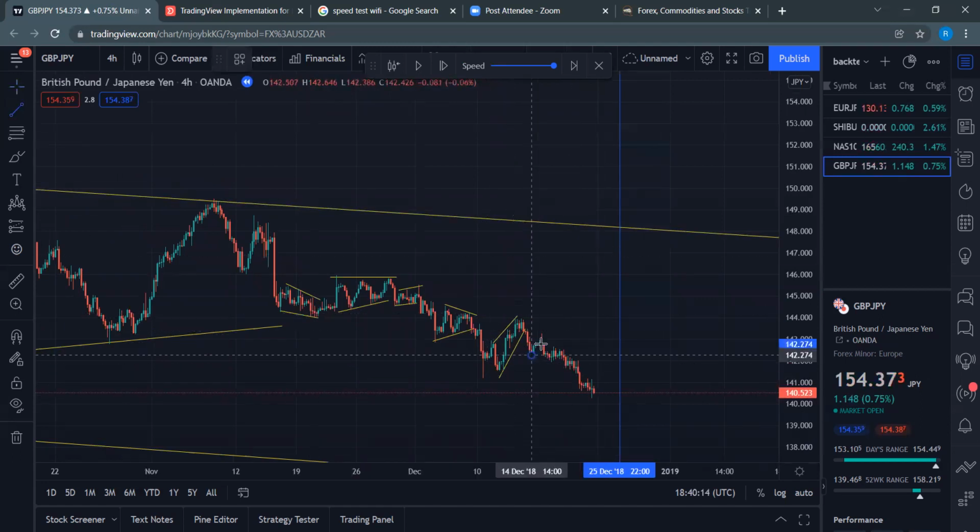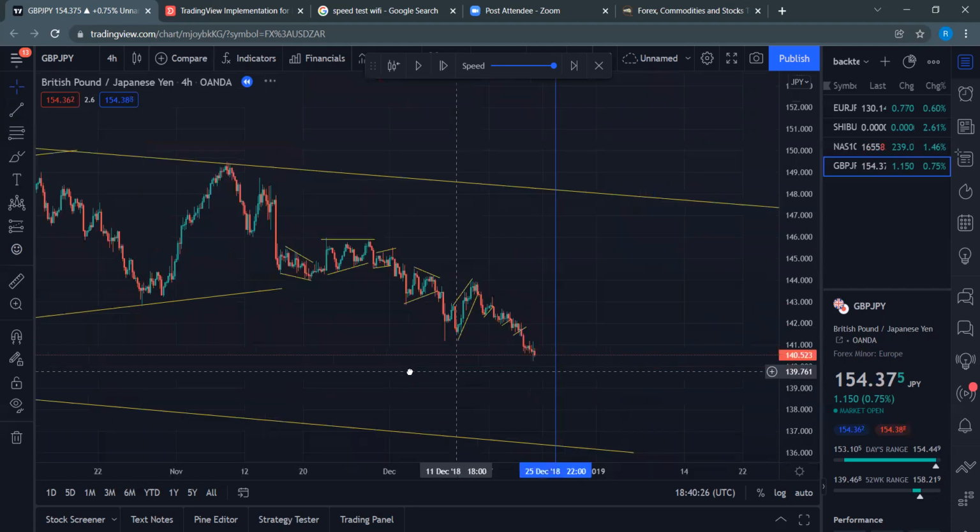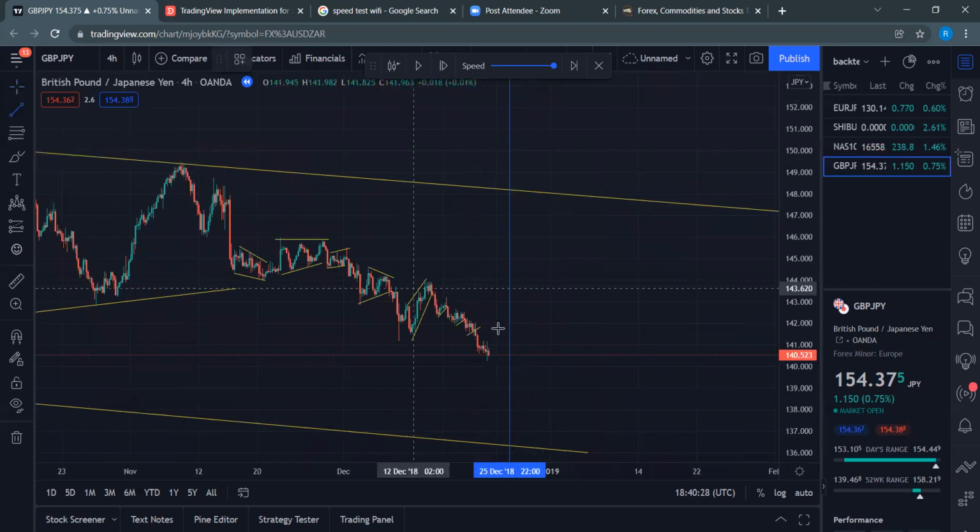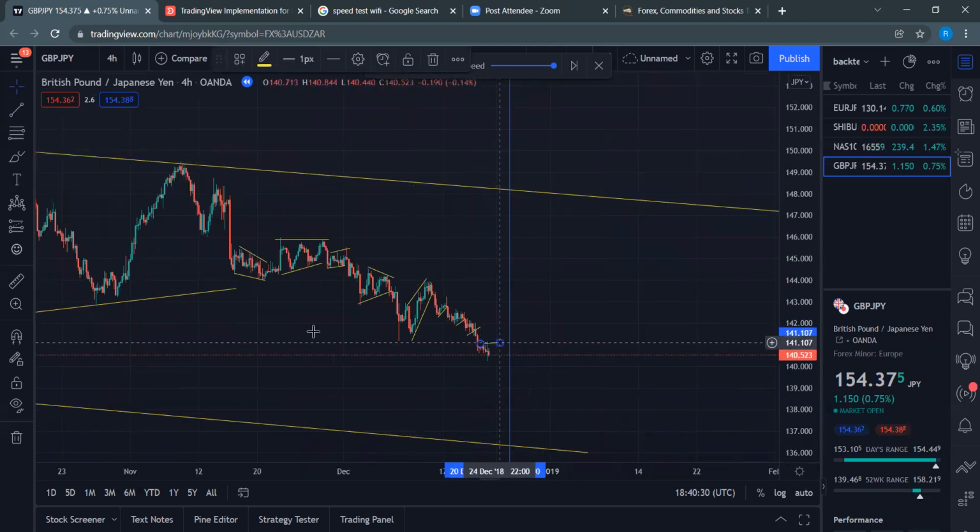So here, this is how the move is moving. Impulse, correction. So look at the entries. There are multiple entries. So here, that's the correction.